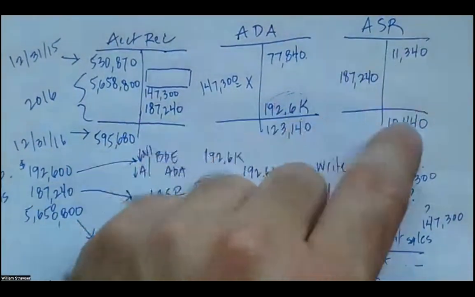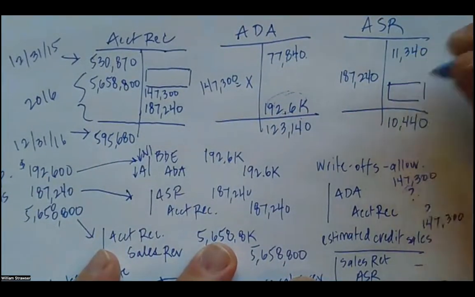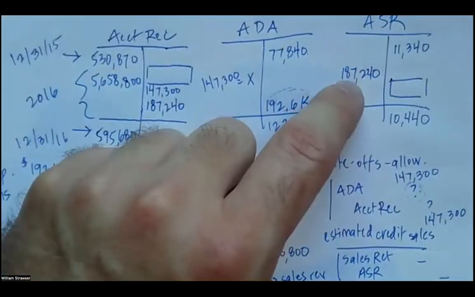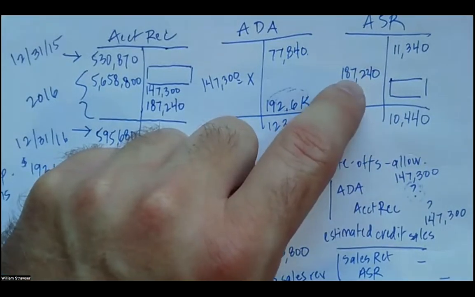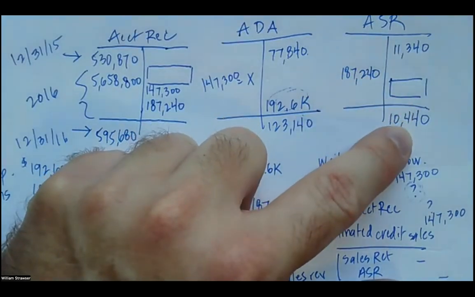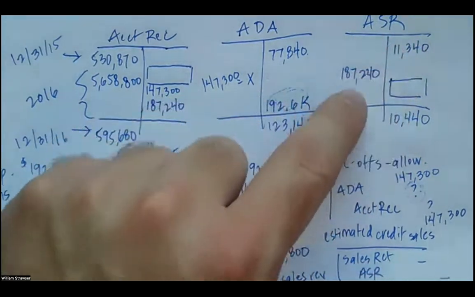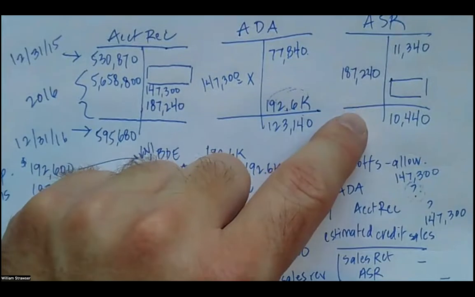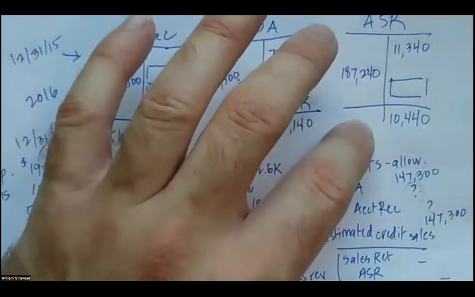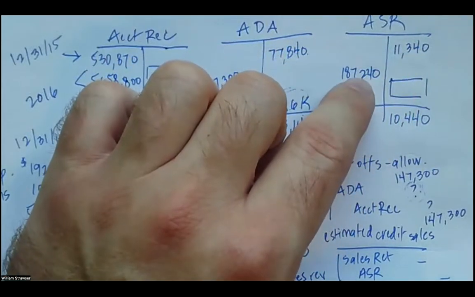And that lets me figure out something that's going on in here, because if I only reduced my ASR by the total amount of returns that were made during the period, then I wouldn't come up with a credit balance of 10,440. It would be a debit of $167,000 if I just took 11,340 and reduced it by this amount.